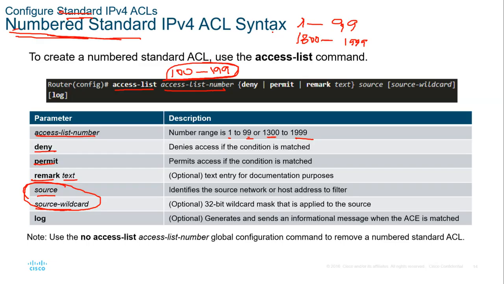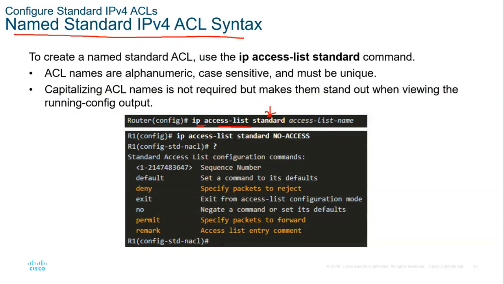But if you put extended here, you will be dealing with named extended. So you can say ip access-list standard, then the name. You can use any name, but most of the time use a name that makes sense, that has a meaning.